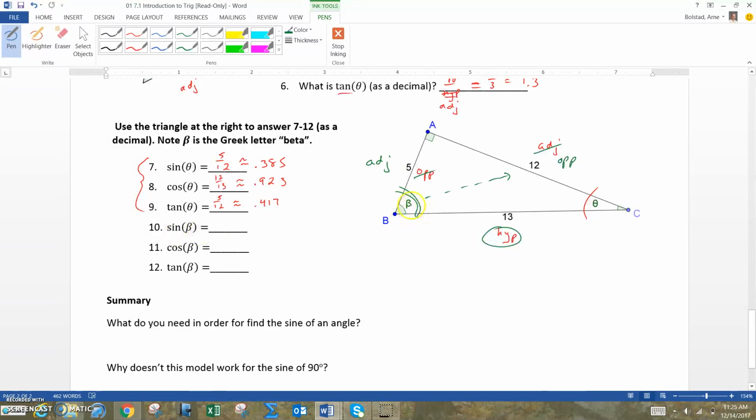So sine of beta, opposite is 12, hypotenuse is 13, so 12/13. Looking up above at cosine theta, they're the same, so it's 0.923. Cosine beta is adjacent, 5, over hypotenuse, so 5 over 13, which is our 0.385. And tangent, opposite 12 over adjacent 5, which is going to be, I believe, 2.4.